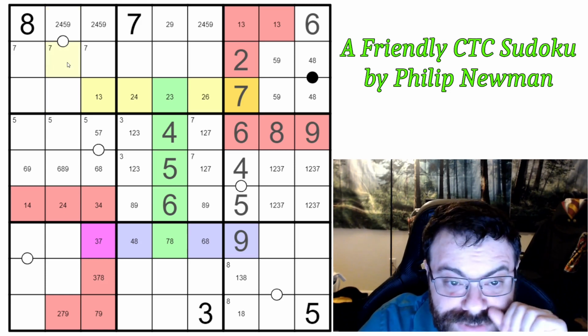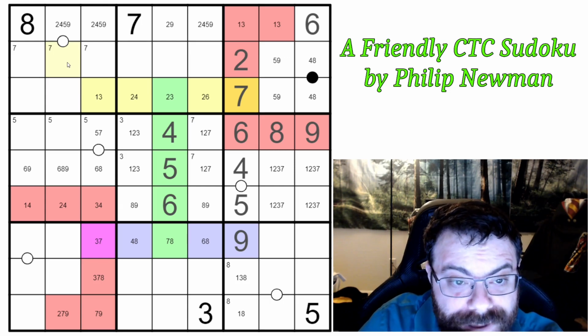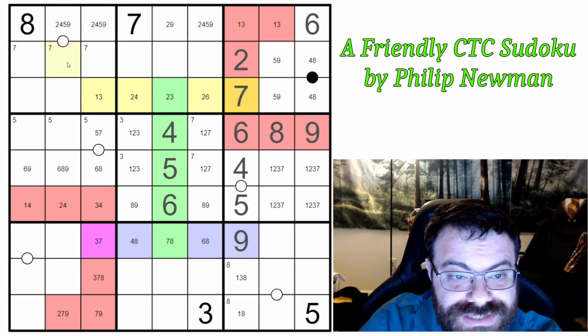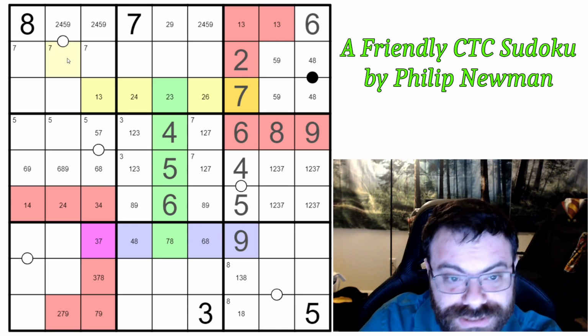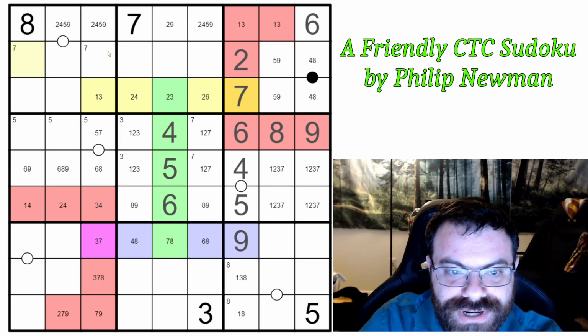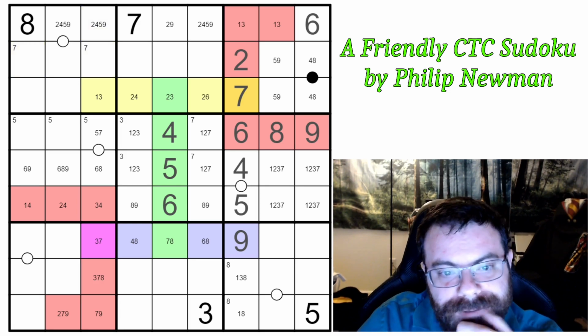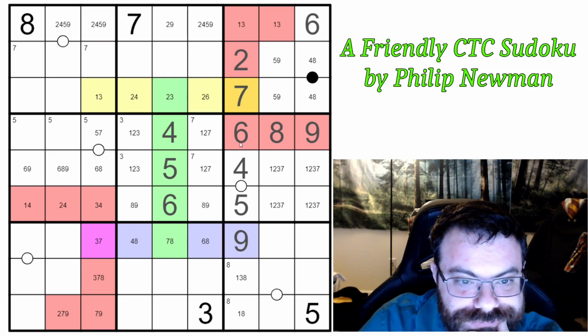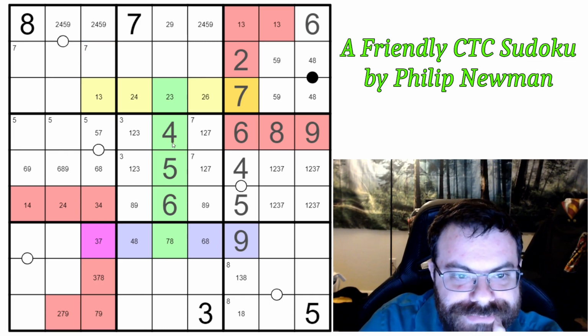Wait. This can't be a 7 then. 7's next to 6 and 8, which is not a possibility here. Oh, actually, same here. So this is the 7. Oh, wait. No, sorry. There's no dot here. Can't do that.